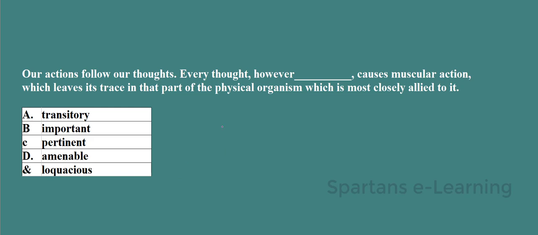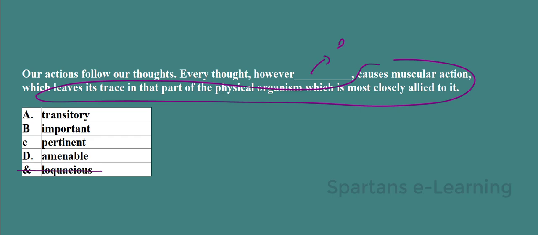So let's look at the options here. First of all, remove all those inappropriate options. Loquacious is talkative, so remove it. Here the meaning conveyed is leaving an impact, so it should be something related to fleeting. Transitory is a fleeting word, so this is fine. Important is out of context again.